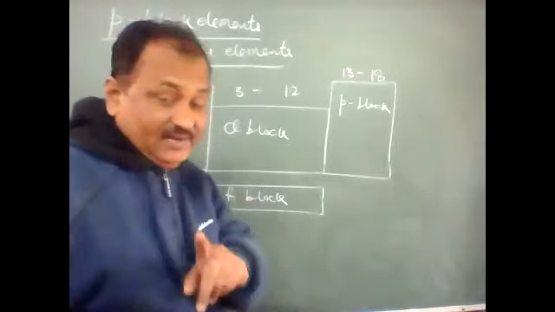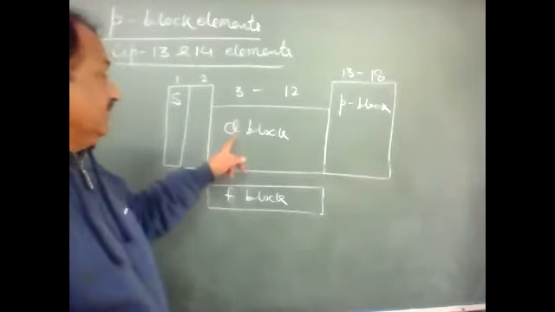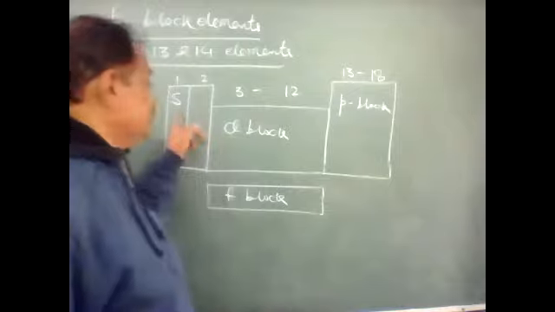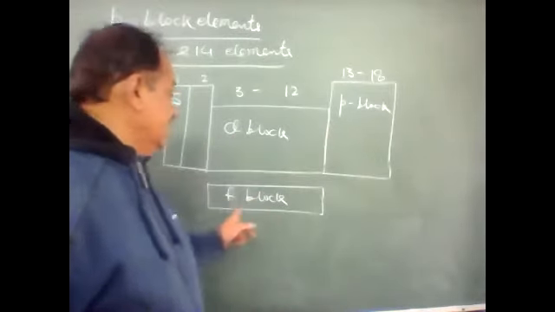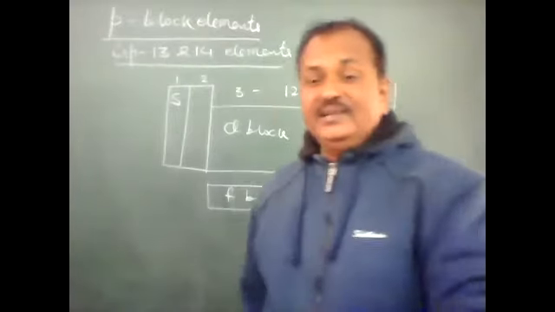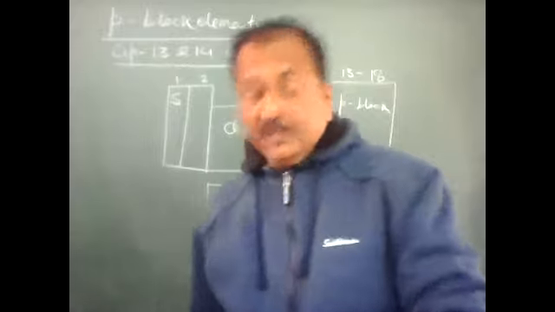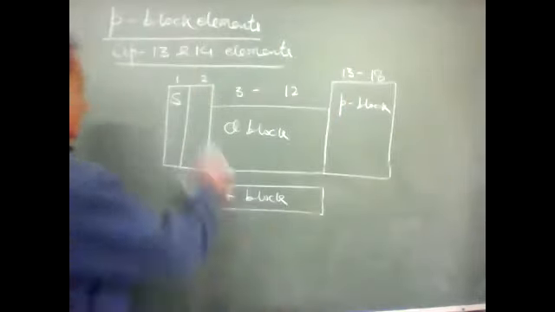And children, keep in mind, this is a very common mistake: you write capital letters, but always write a small s, small d, small p, and small f, because orbitals are represented by small letters. You have already seen this in the previous chapter, atomic structure.